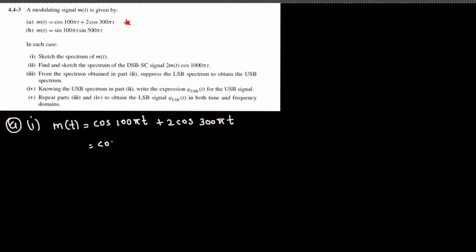So I write 2 pi times 50 t, and then plus 2 cos 2 pi times 150 t. So for the first one the frequency is 50, and for the second one the frequency is 150.